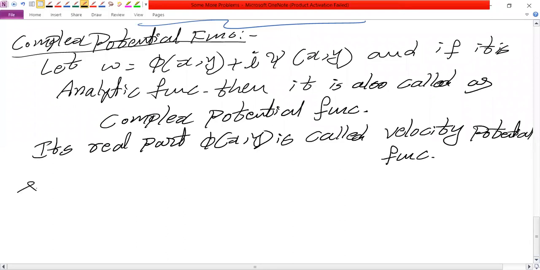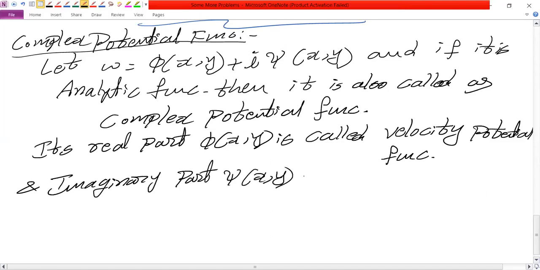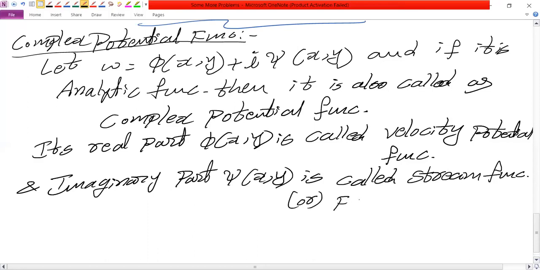And the imaginary part, psi of x, y, is called the stream function. Another name for the stream function is flux function. Okay, these are the things.